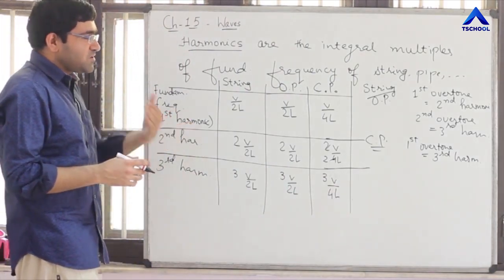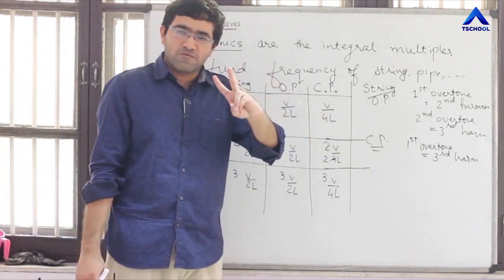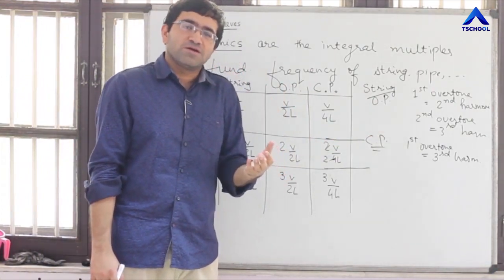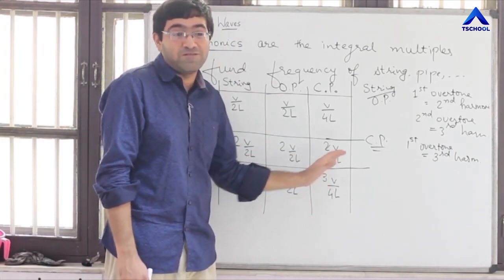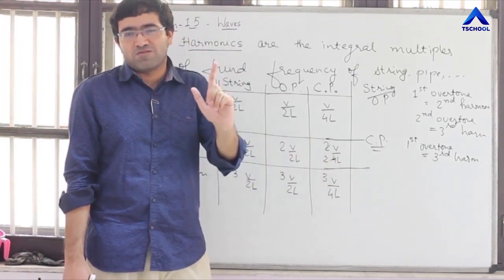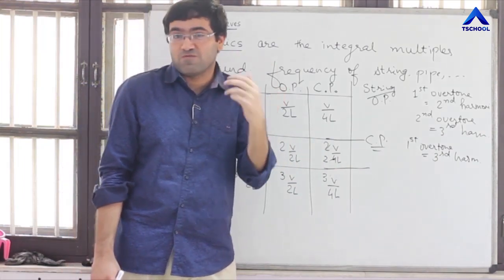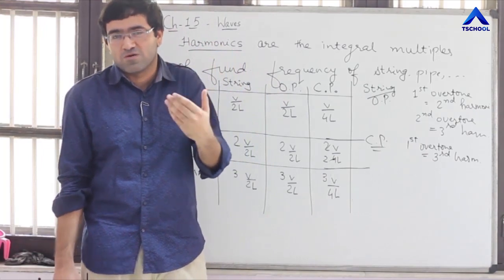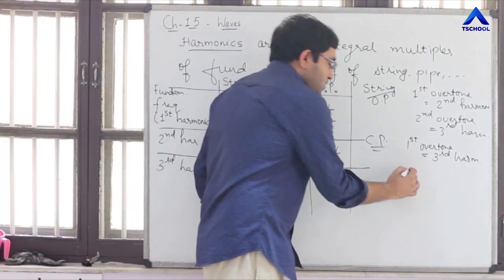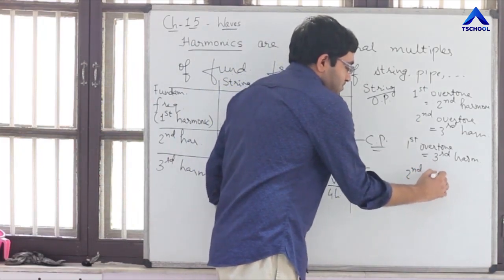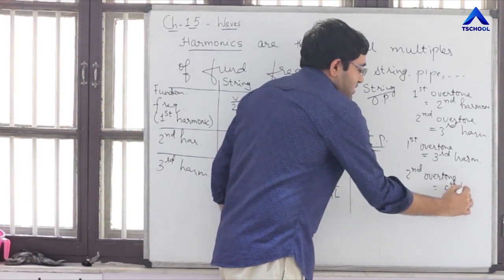So if you continue the pattern in the same way, the second overtone will not be the fourth harmonic, it will be the fifth harmonic. I'm sure you guessed that, because we are going to have 5V by 4L. 1V by 4L fundamental, 3V by 4L first overtone, 5V by 4L is the second overtone. So the second overtone for a closed pipe is going to be the fifth harmonic.